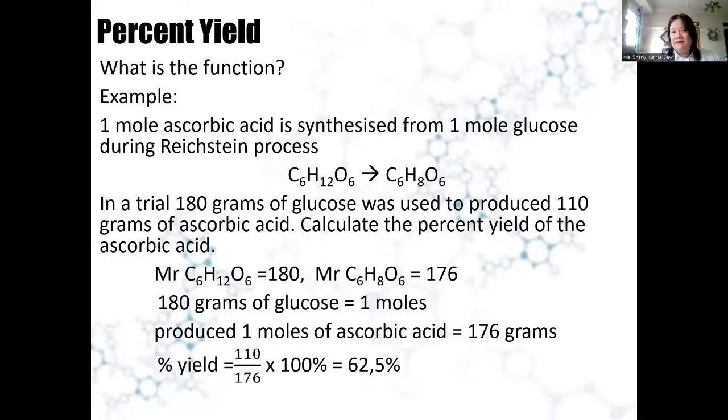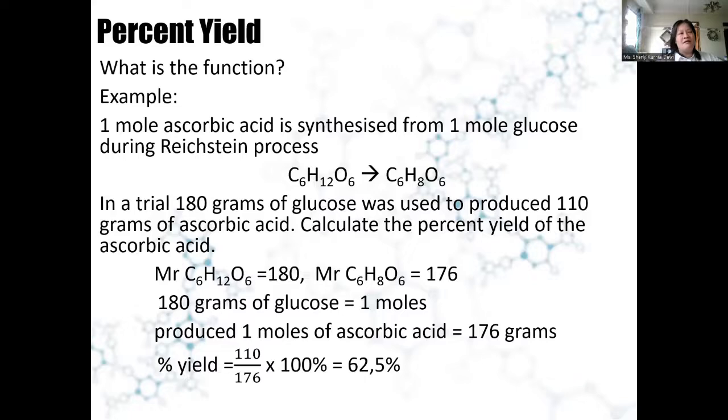Next is the percent yield and percent purity. What is the function actually? The percent yield function is we can deduce from the theoretical yield and the real yield how efficient the process is. Usually in one process there is a waste and there is an efficiency.